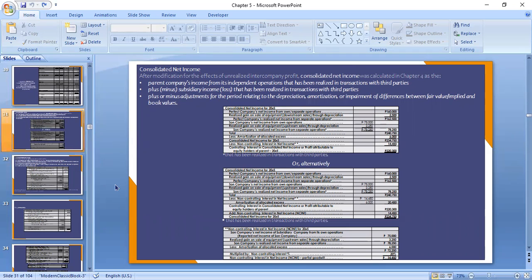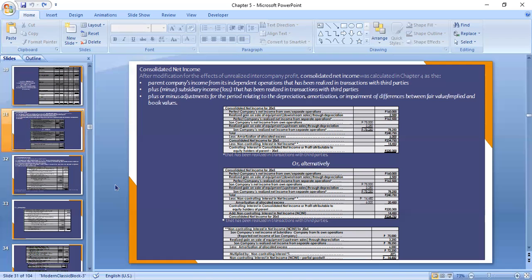Consolidated net income was calculated in Chapter 4 as the parent company's income from its independent operations that has been realized in transactions with third parties, plus or minus subsidiary income or loss that has been realized in transactions with third parties, plus or minus adjustments for the period relating to the depreciation, amortization, or impairment of differences between fair value implied and book values.